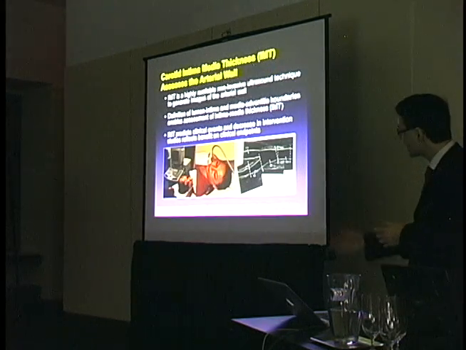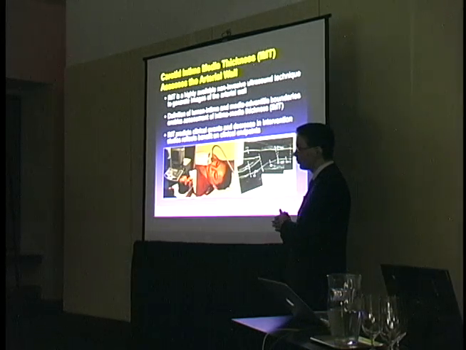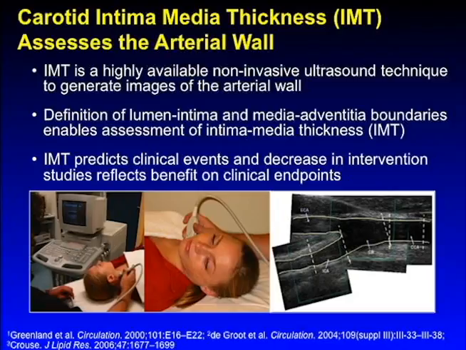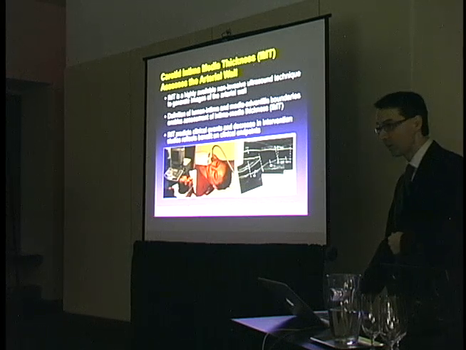I'm going to skip this, and then I'll just say 2 words. The second modality that we're using in the carotid circulation is ultrasonography, both 2D IMT and 3D plaques. I will not say anything because Eva gave a superb talk this morning about this.